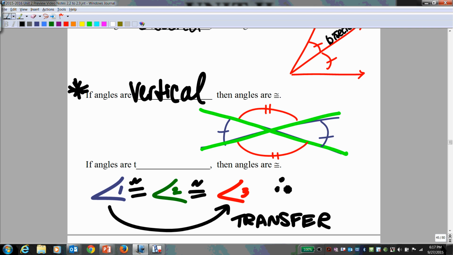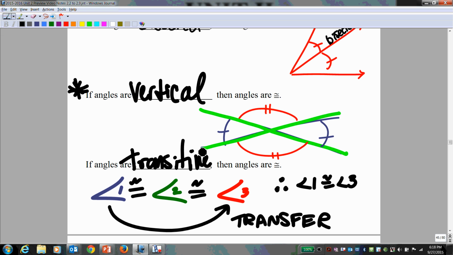In this case, therefore, angle 1 is congruent to angle 3. The property that that's called is transitive. We transfer congruency. Again, this says angle 1 is congruent to angle 2, and angle 2 is congruent to 3. Therefore, 1 is congruent to 3. You transfer congruency. That's called transitive.